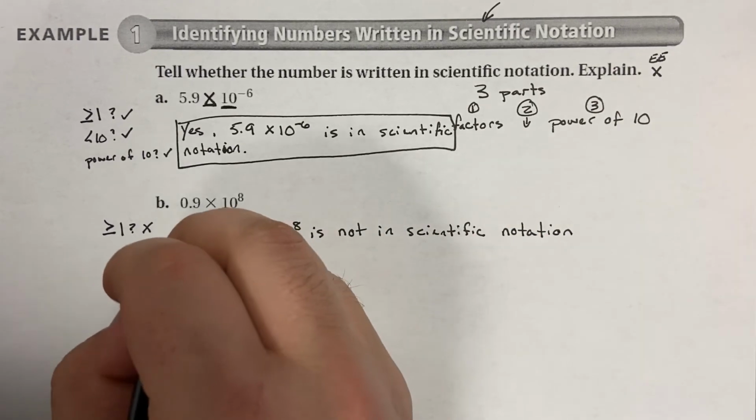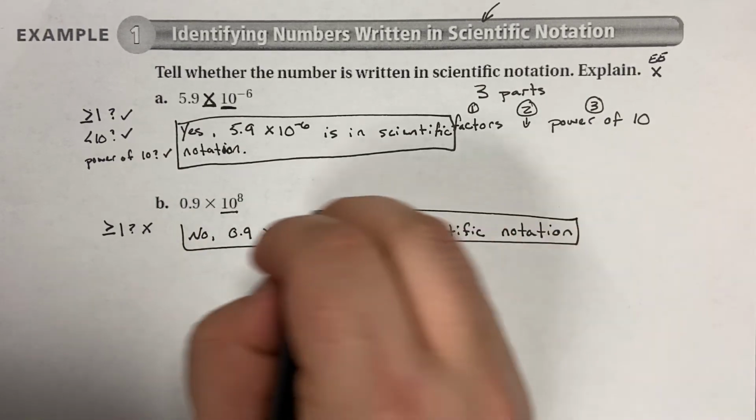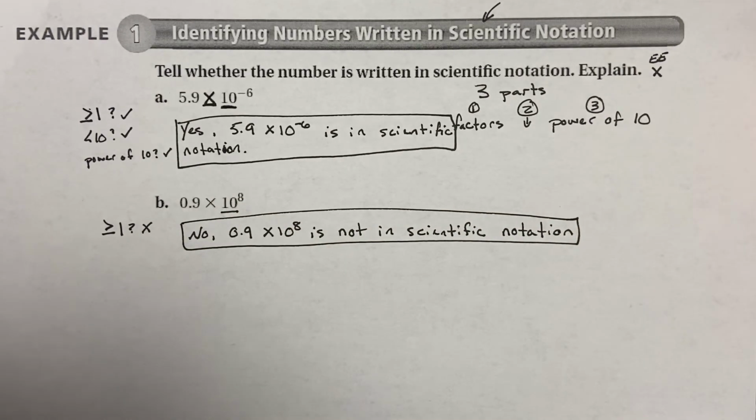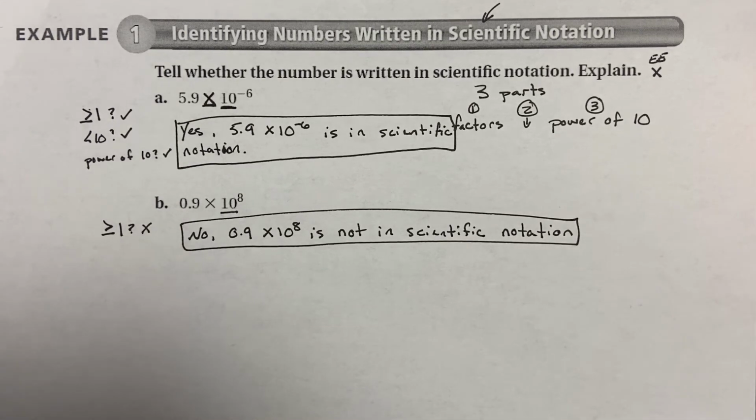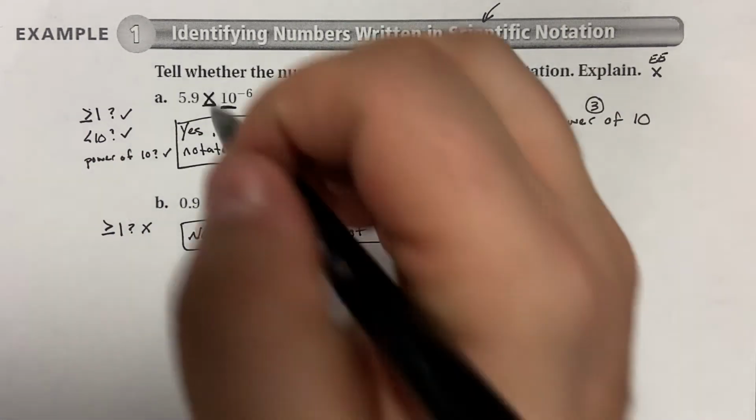Now there is a way, if it's not in scientific notation, to get it to be in scientific notation, and we'll talk about that a little bit later. For now, we're just trying to see, is it written in proper scientific notation or not?